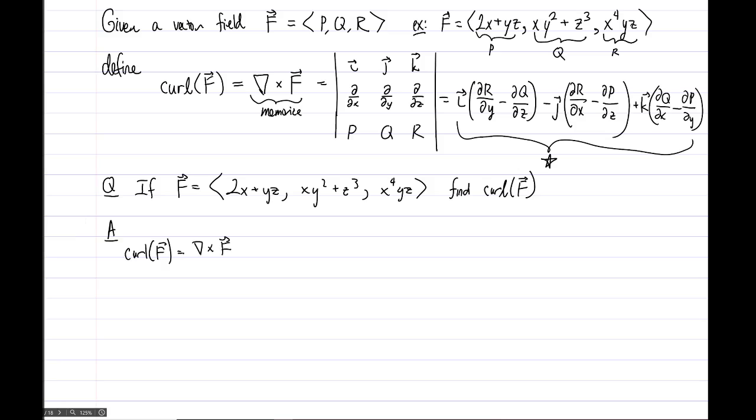The curl of f, which is easiest to memorize by writing that, is, if we implement this, we'll have i, j, k, partial derivative with respect to x, partial derivative with respect to y, partial derivative with respect to z, and I should have left a little bit more space here. Let me space things out.